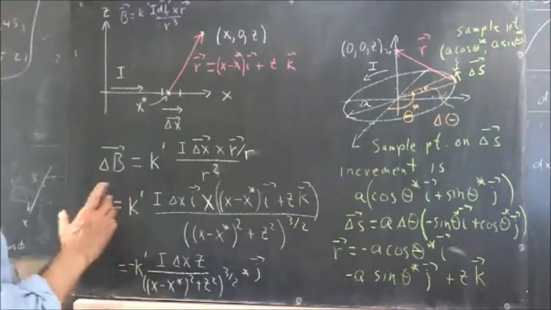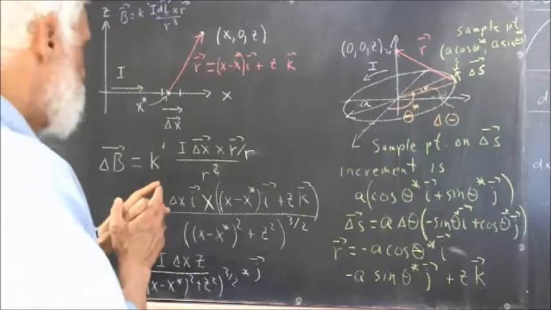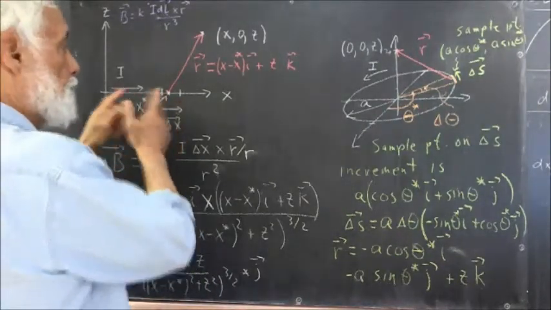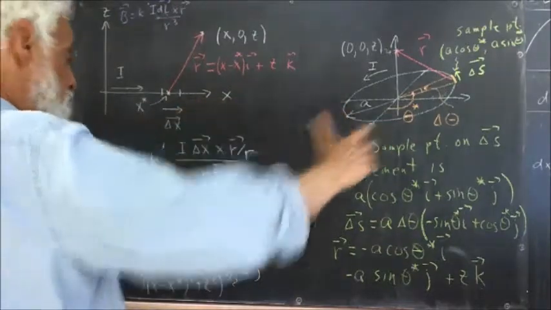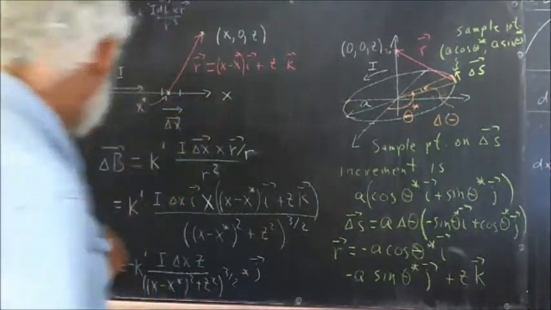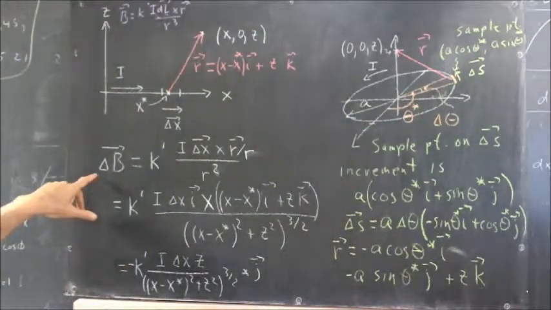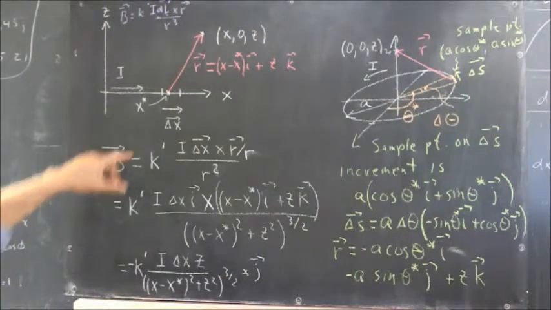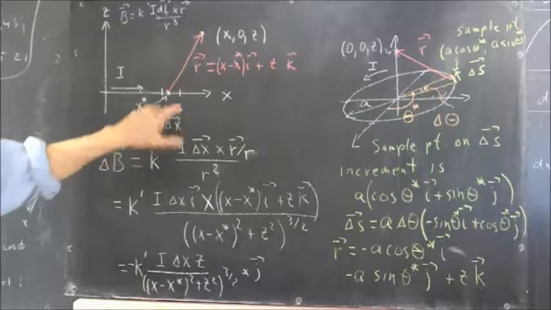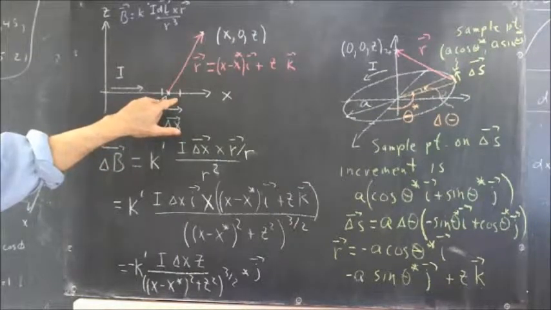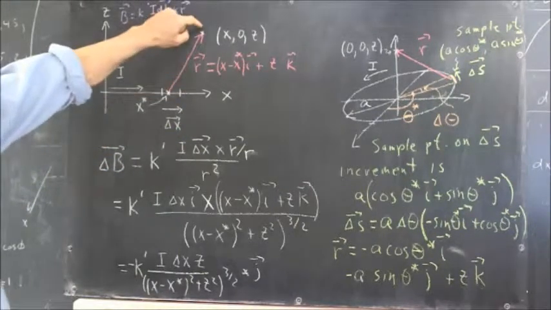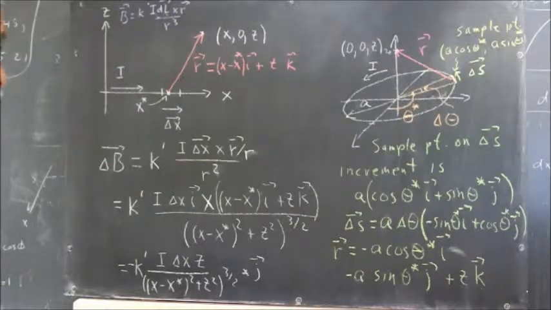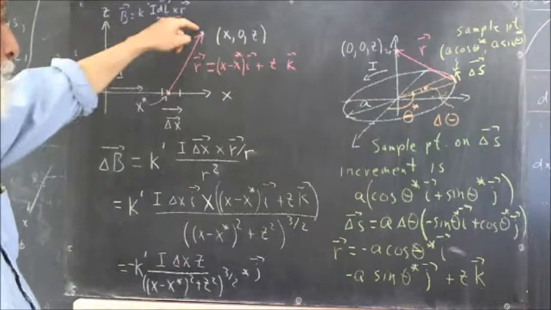Okay, so anticipating that we're eventually going to sum these contributions up over a long current distribution, I'm going to call this contribution delta B. So delta B will be the contribution of the current in this increment to the magnetic field at this point. Okay, well, our R vector goes from sample point to here.